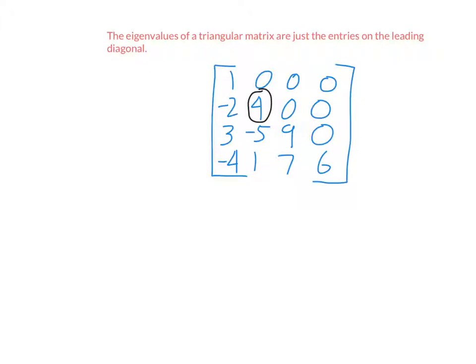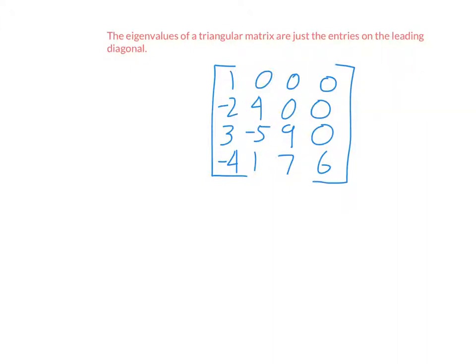If I subtract 4 from each element of the leading diagonal, the first row is this, and the second row will become this. So you can see the second row will become a scalar multiple of the first row. That means there will be at least one column that is a scalar multiple of another column, and then the determinant of the matrix will be 0.